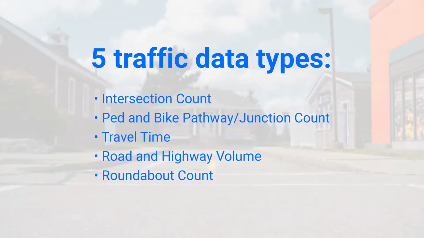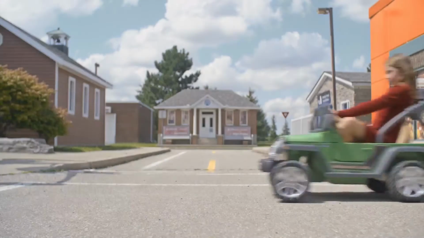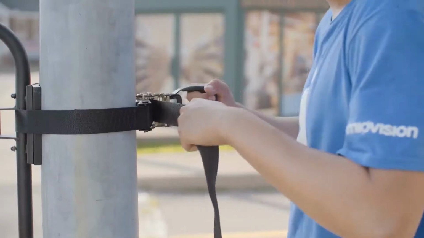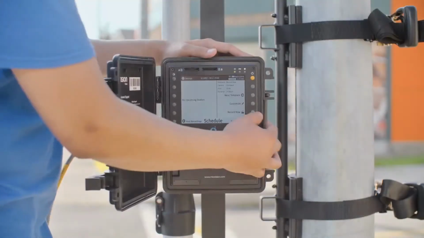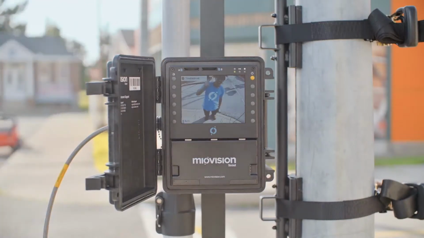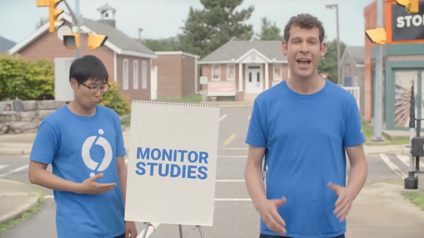The Miovision Scout uses video and the world's most advanced traffic AI to classify and count vehicles, pedestrians, cyclists, scooters, and more. The Scout sets up safely at the side of the road in just a few minutes. Just attach it to a utility pole or a tripod and let the data roll in. It's so easy to install, even this guy can do it. Thanks. Wait, what? With LTE and Wi-Fi connectivity, I can remotely change study requirements, monitor studies, and get notifications if something needs attention, like if someone forgot to press record on the camera.